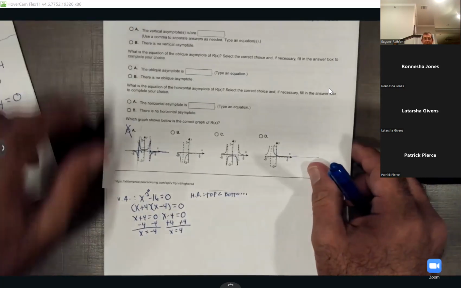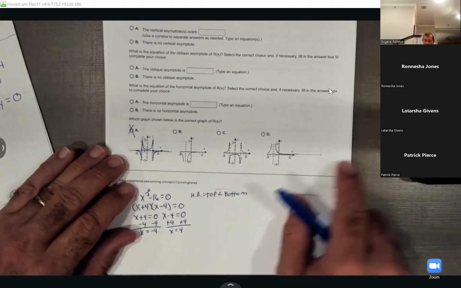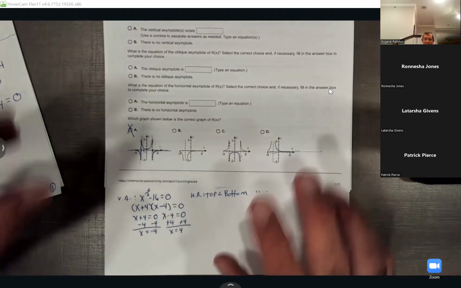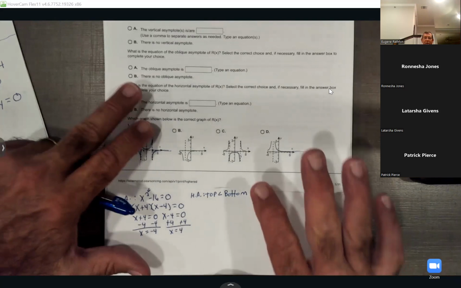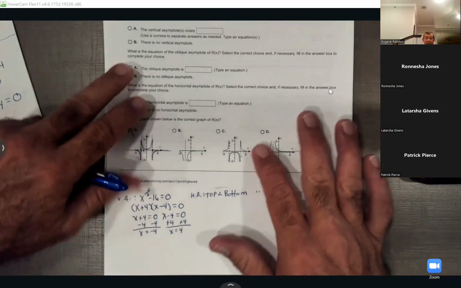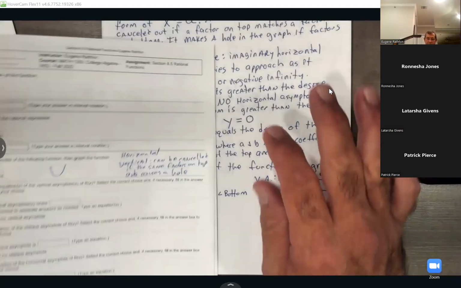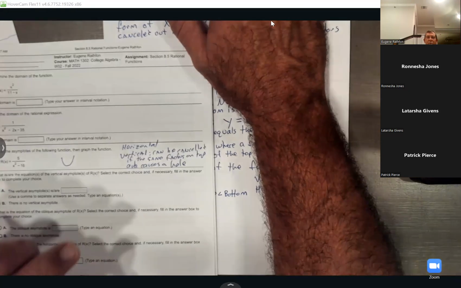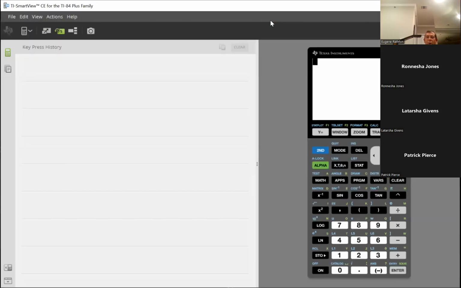All right, now they got 4 pictures. So let me show you how you can find them using your graphing calculator. I would share my screen real quick. I would go in my calculator, go to y equals.